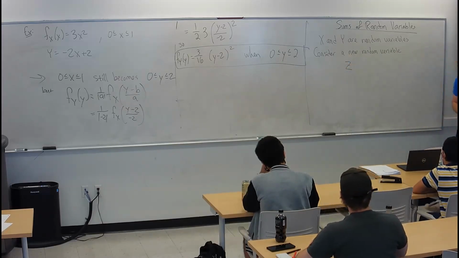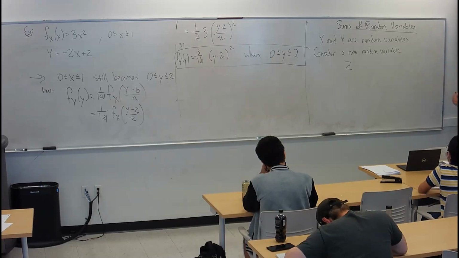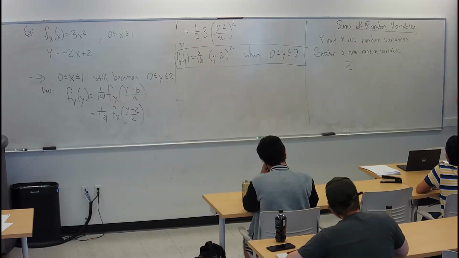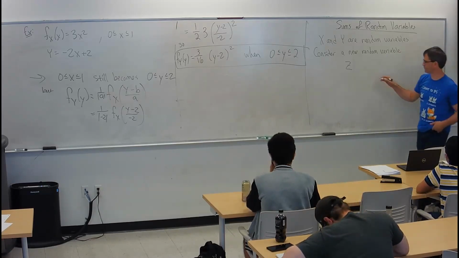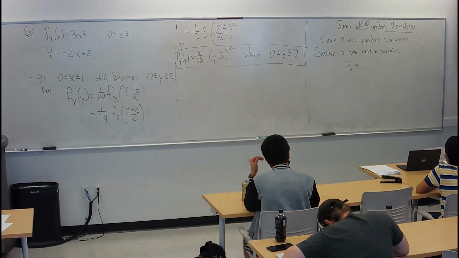Now I'm going to go through a few different stages of developing this. One is that we'll look at the sum of those, and another is that we'll look at multiples. So I'm going to start with just a multiple.